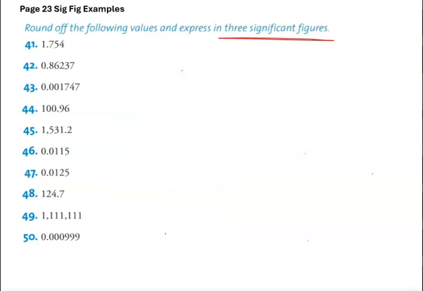Now that we've worked all the problems trying to find 3 significant figures, let's change it up a little bit and work a couple of the problems. Since it's 3 significant figures, let's do 2 significant figures, just for illustration purposes. Let's go back and do 41, but let's only do 2 significant figures.